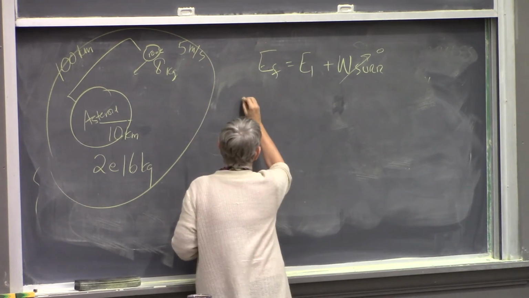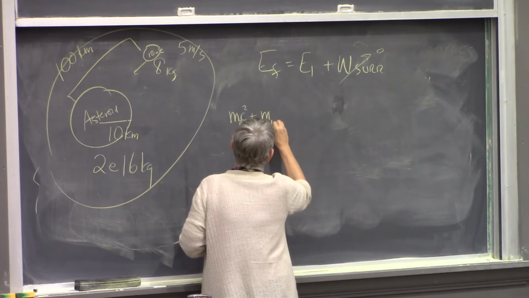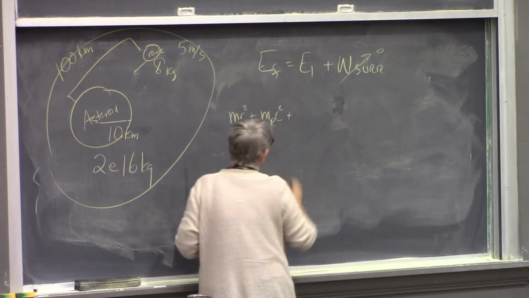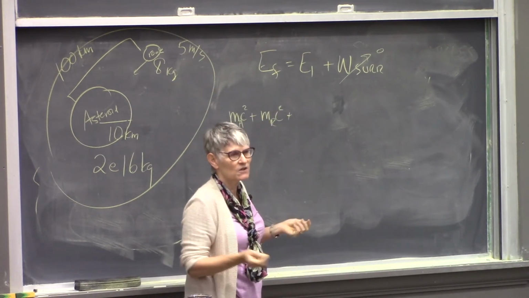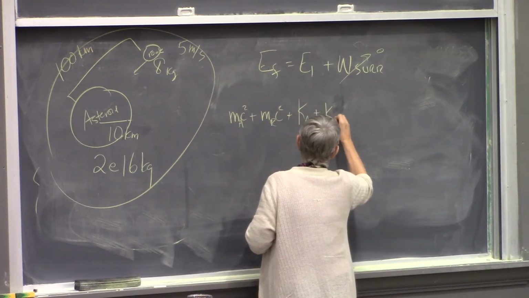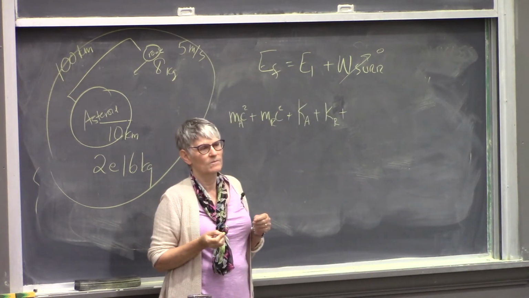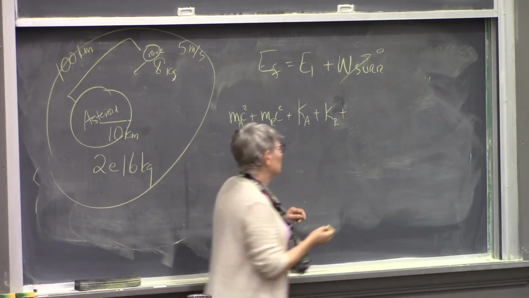We have the rest energy of the asteroid, the rest energy of the rock, the kinetic energy of the asteroid, the kinetic energy of the rock, and what else? The potential energy.